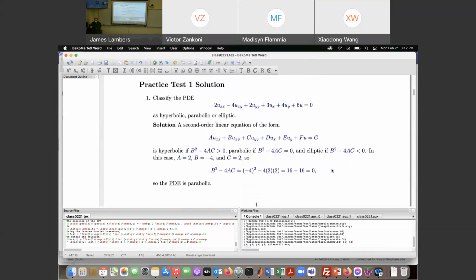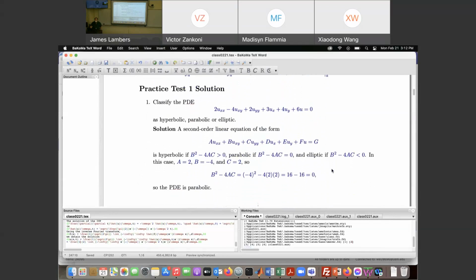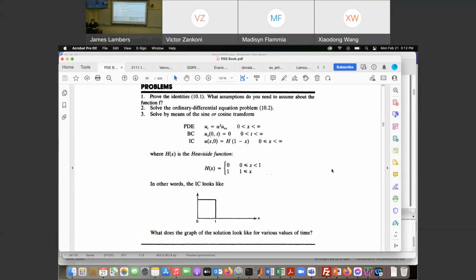So is it H in general that we'd be replacing? Okay, so the mistake is that the Heaviside function is supposed to be 0 when x is less than 0 and 1 when x is greater than or equal to 0. Yes. Right. Correct? So up there it says u of x and 0 is equal to h of 1 minus x.